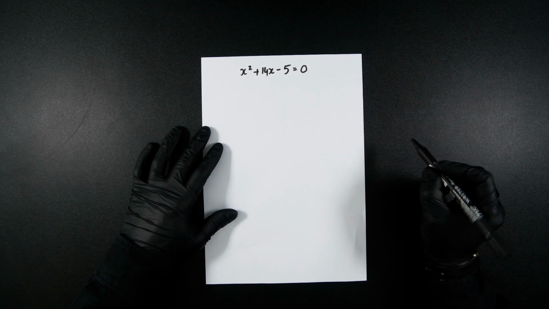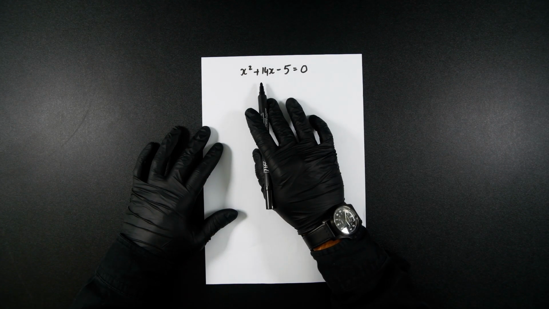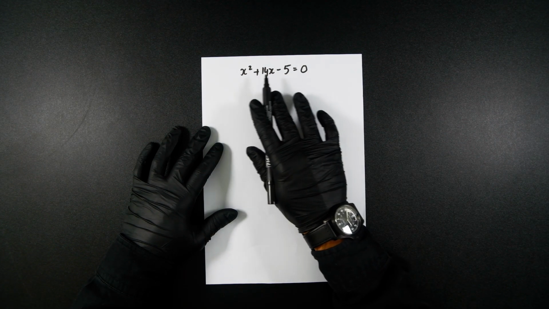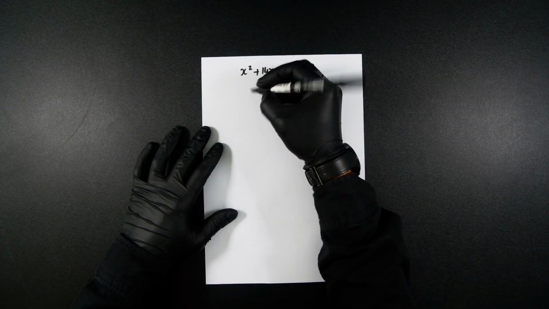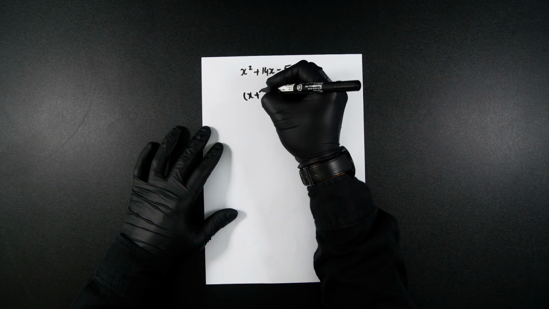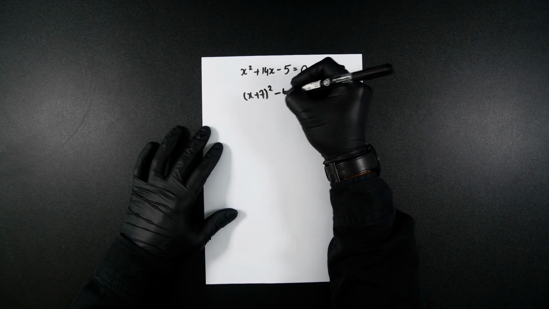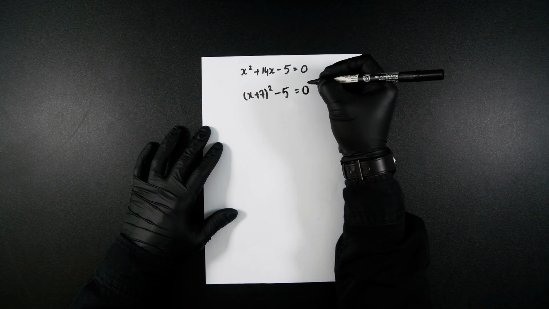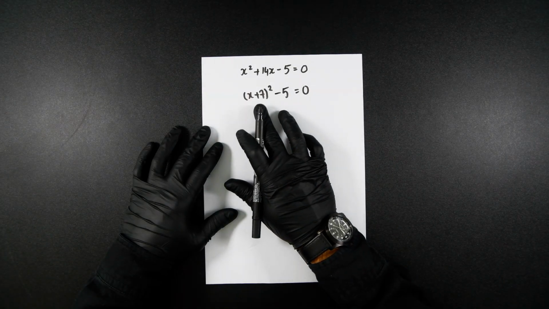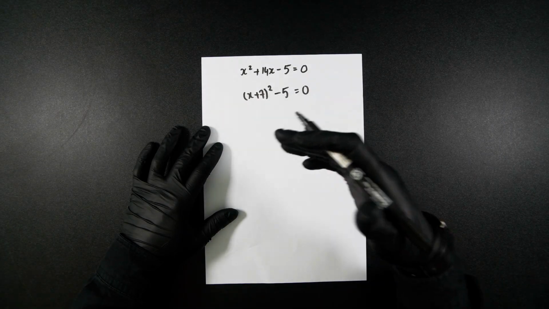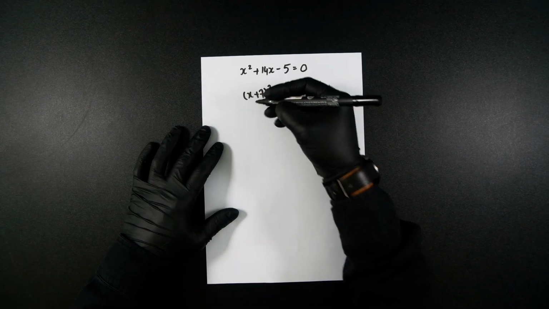Let's go through another problem. So, same as last time. Let's ignore the minus 5 and let's take whatever this number is and half it. So x plus 7 squared minus 5 equals 0. However, x plus 7 squared is going to produce something that we don't want.